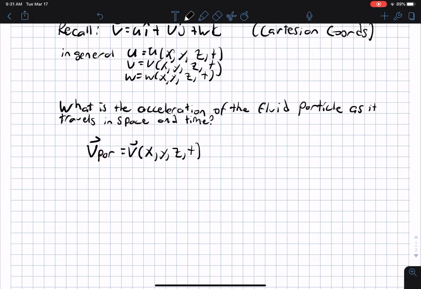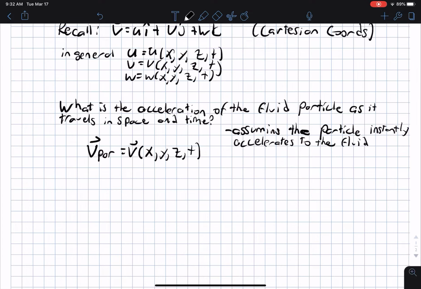Okay, and so we're assuming that the particle instantly accelerates to the fluid velocity. Right? So that means that the velocity of our fluid particle, that's just moving along with the fluid, is just equal to the fluid velocity.